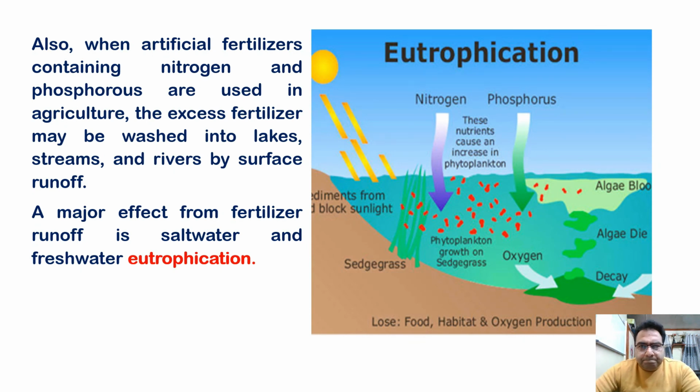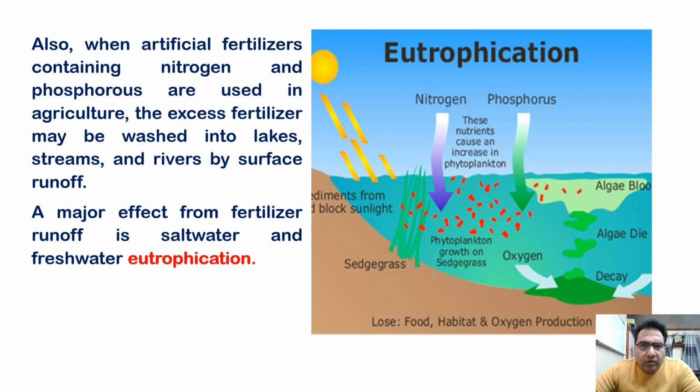Now, what do we mean by eutrophication? As I told you earlier, when nutrients increase in a water body, it causes eutrophication. In this process, nutrient runoff causes the growth or bloom of algae or other microorganisms, which without the nutrient runoff are limited in their growth by the availability of nitrogen or phosphorus.